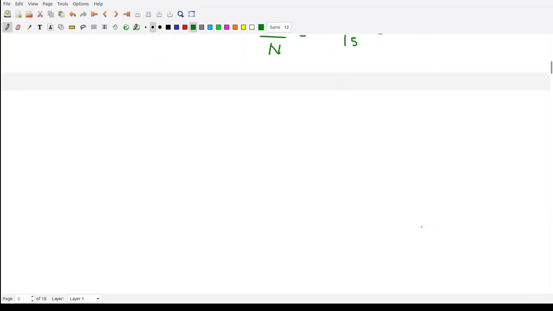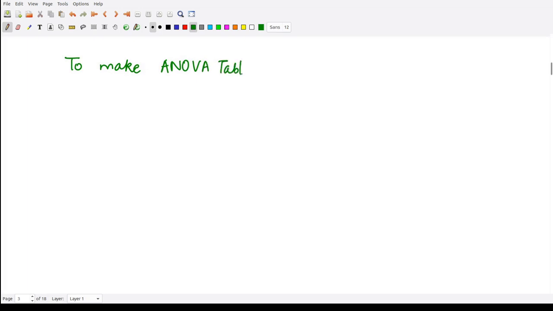The next step is to make the ANOVA table. Here in the ANOVA table, every time we will make these columns.